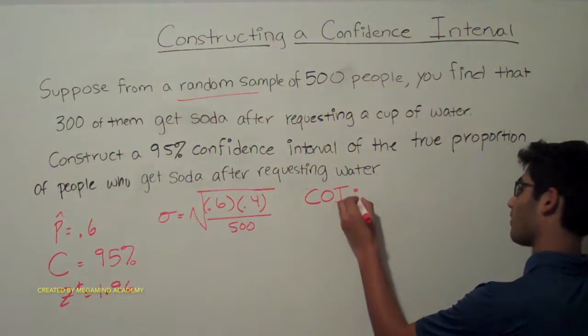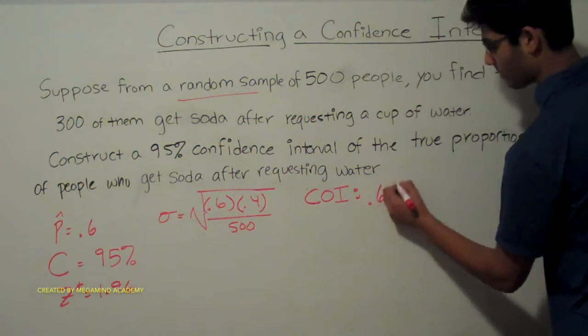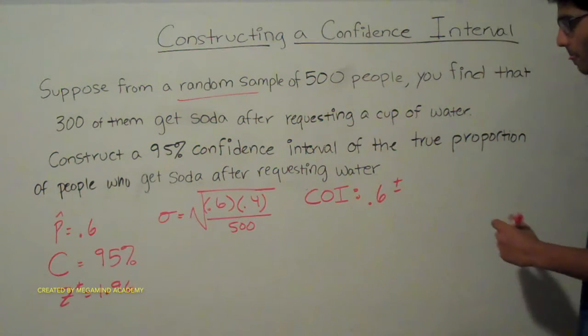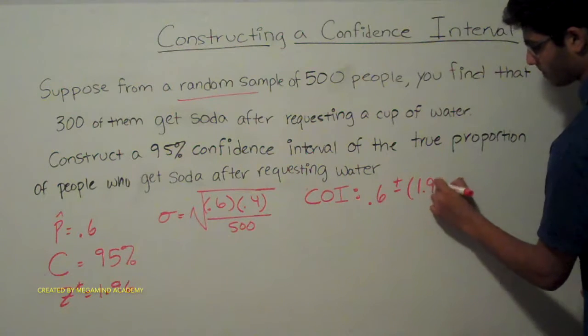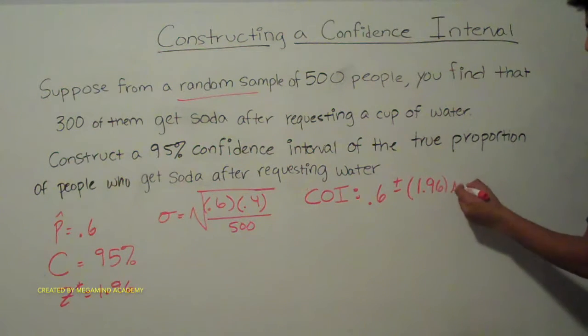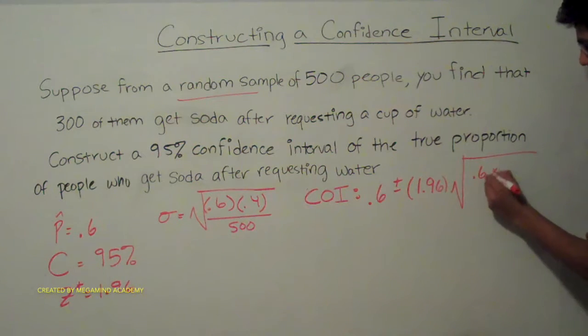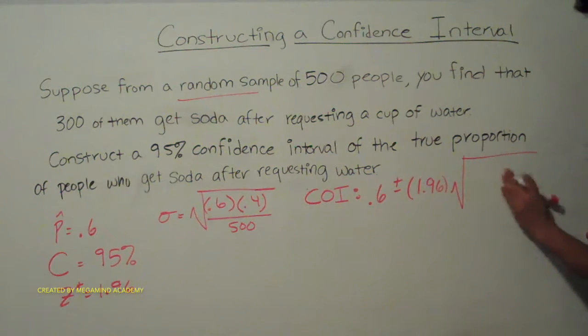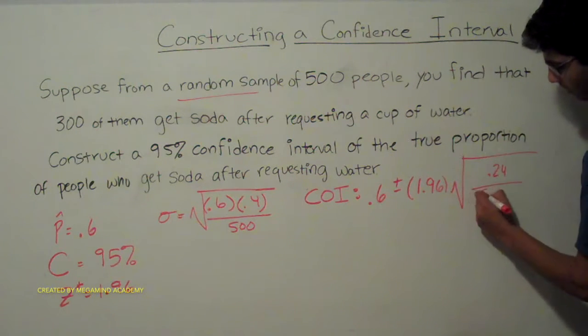The confidence interval is 0.6 plus or minus 1.96 times the square root of 0.6 times 0.4, or 0.24, over 500.